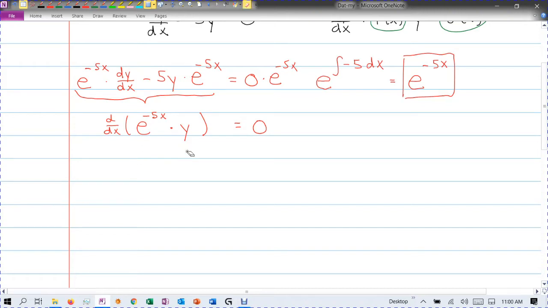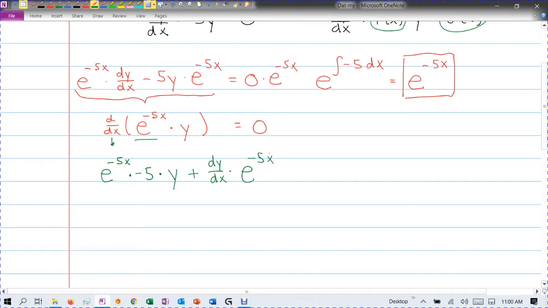And the reason why this works is because if we were to take the derivative, because that's what this means, take the derivative of this product, we would just do product rule. So let me show you. If I did product rule on this, I would first take derivative of this, which would be e to negative 5x times negative 5, chain rule, times y, plus now the derivative of y, which is dy/dx, times the other function e to the negative 5x.